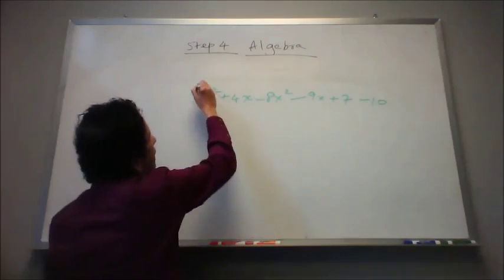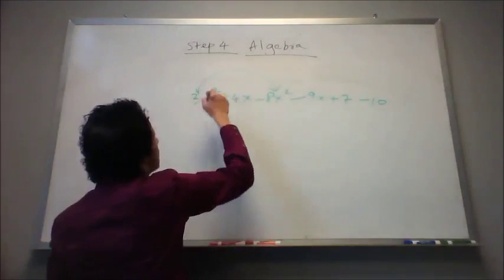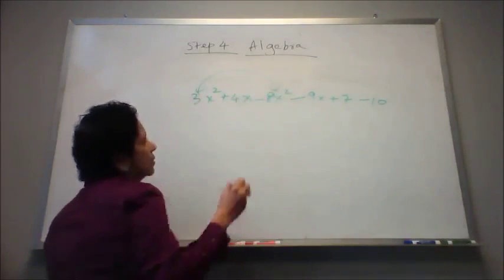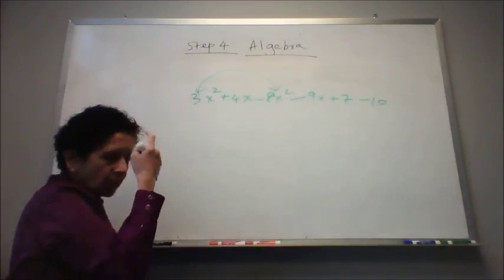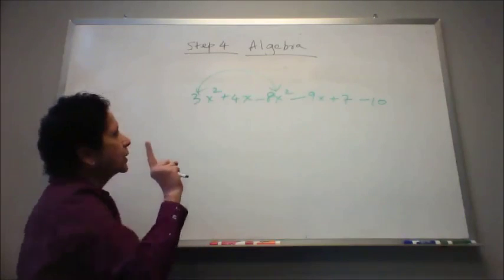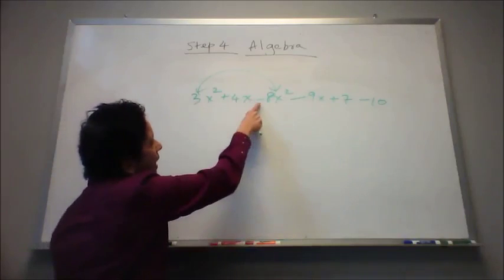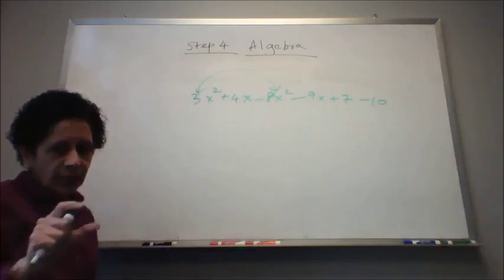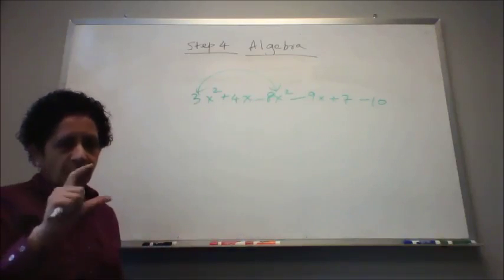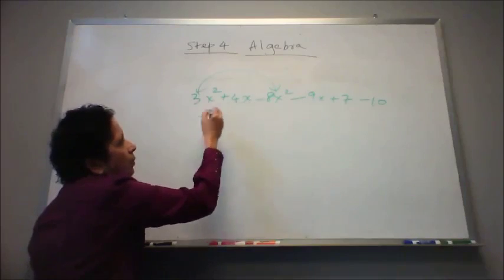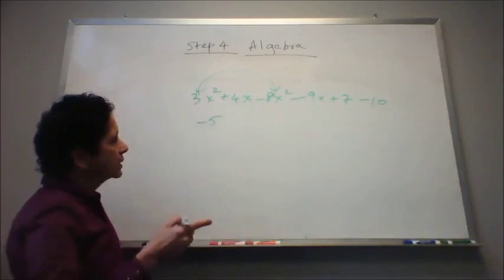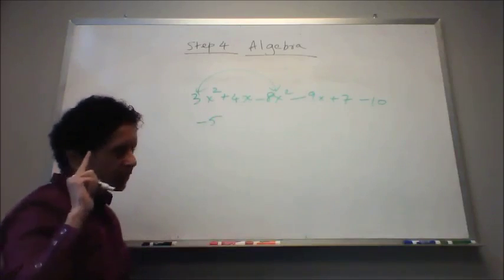So for example here, I've got 3x squared minus 8x squared. So how do we add the terms? It's just the coefficients, right? So you need to remember the sign, remember all the rules within step 1. 3 minus 8. Anytime you have a positive and a negative, take the difference, right? 5. And the bigger number rules, so minus 5, right? 3 minus 8 is minus 5. That's why you need to remember step 1.